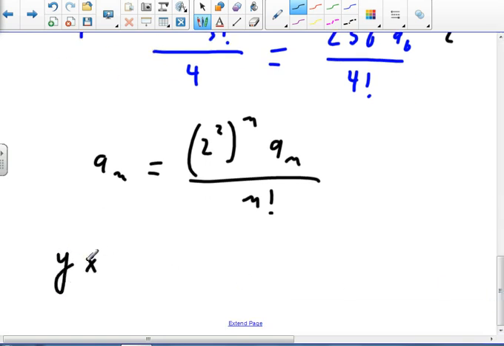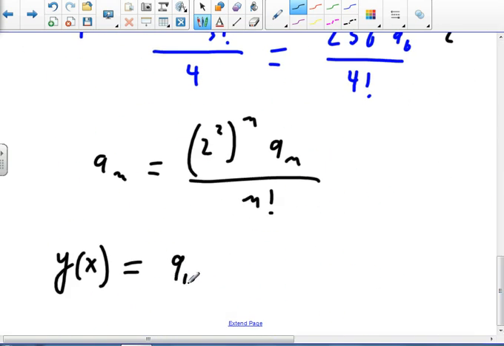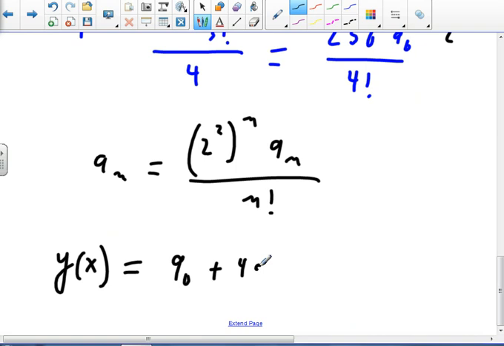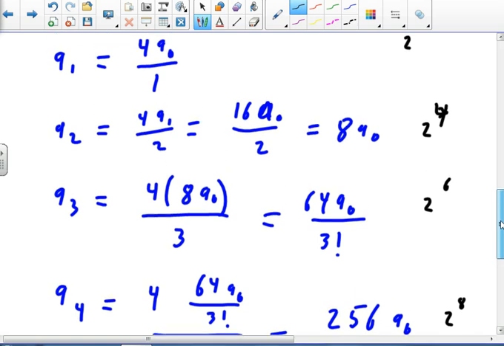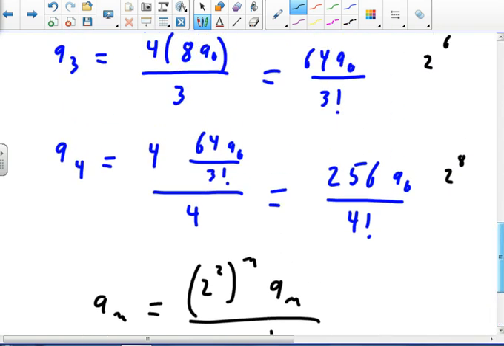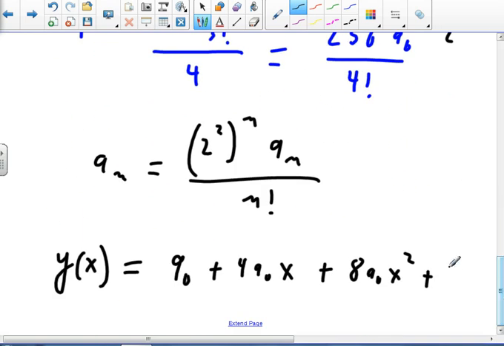We're saying that the answer to this equation is going to be a0, which was arbitrary, plus a1, which was 4 a0 x, plus a2, which we will call 8 a0 x squared, plus a3, what are we going to call that anyway? 32 over 3 a0 x cubed.